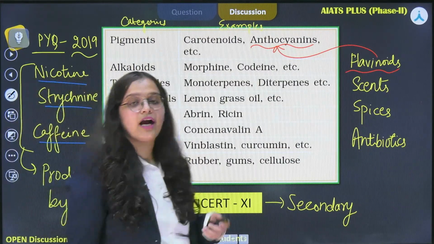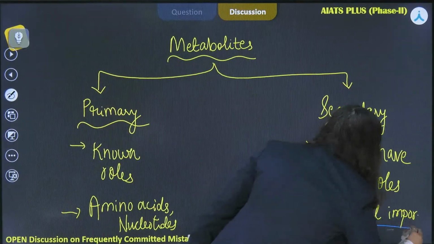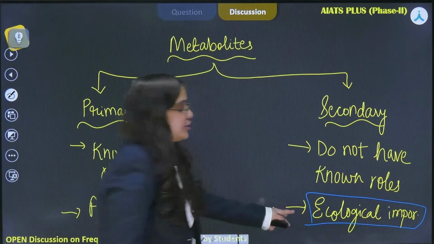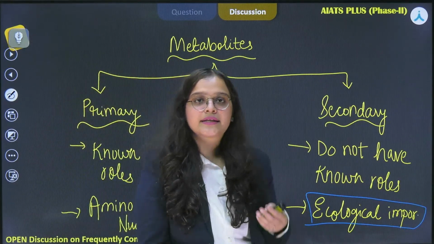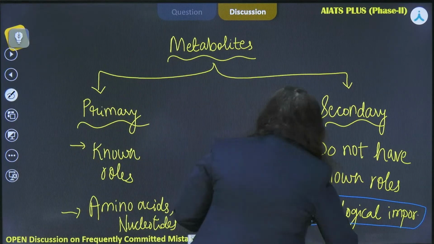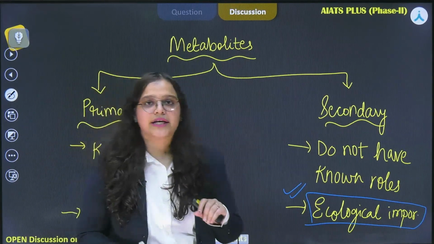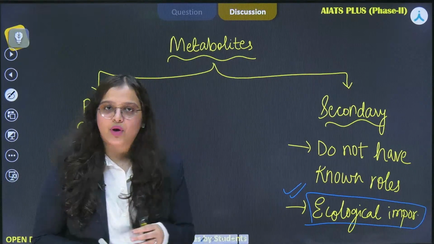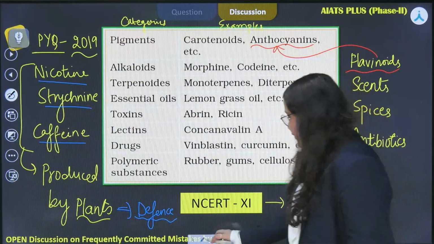And this is why our NCERT also writes that secondary metabolites has ecological importance. So you see now how in plants these secondary metabolites are being produced to provide defense, and this is how we can make out why our NCERT writes that secondary metabolites has ecological importance. All right. So now we go back to our question to find out our answer.